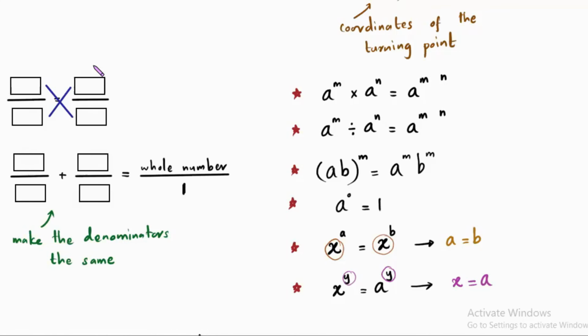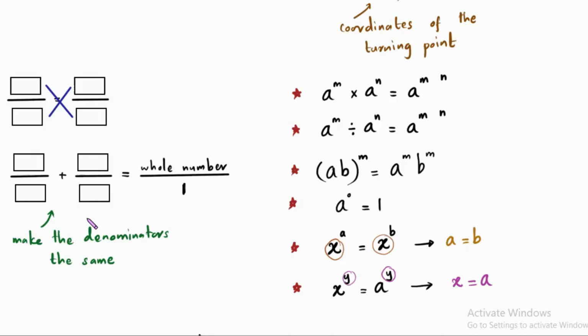Always when you have an equation involving fractions, you can get rid of them by cross multiplying. So make sure we have just one fraction on either side of the equal sign.